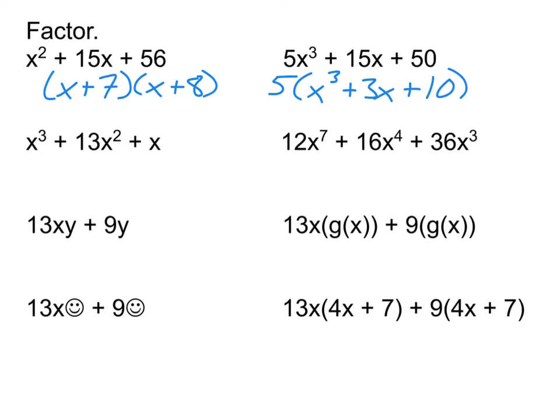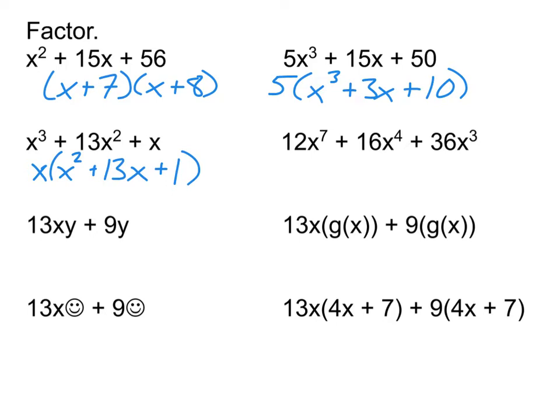And so I'm going to factor an x out. If I do that, I'm taking one x out of the x cubed, so that leaves me with x squared. Then 13x squared becomes 13x. And then this is the tricky part. Make sure you remember the last one, because x divided by x is 1. And it's really tempting to forget about that part if we aren't careful. So make sure you're getting that part in there.